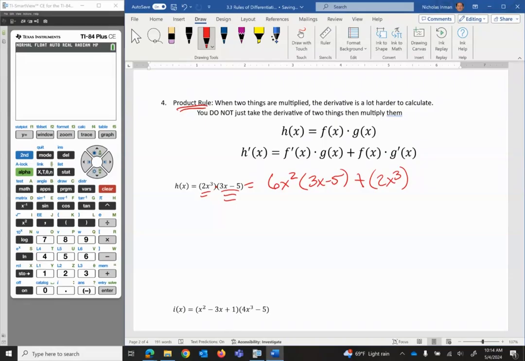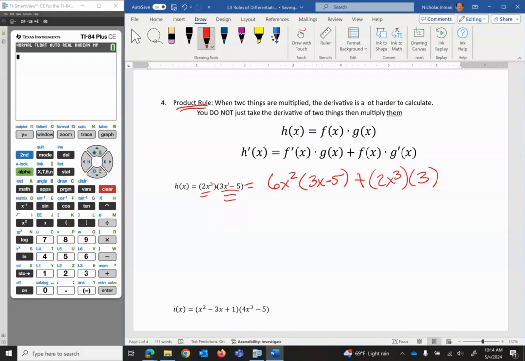So the derivative of the second piece, 3x minus 5, this is like x to the first. So we do 1 times 3, that's 3. Reduced by 1, x to the 0 just goes away, so we just have 3. And the derivative of minus 5 is 0. So the derivative of our second thing is just 3.